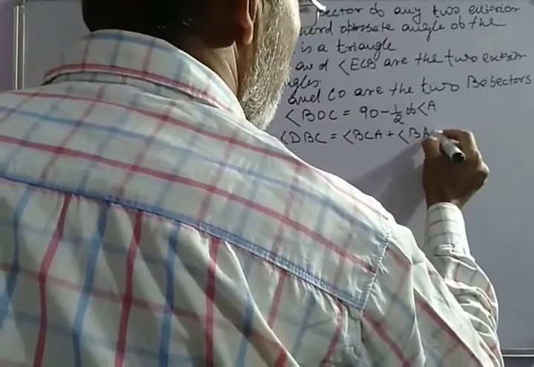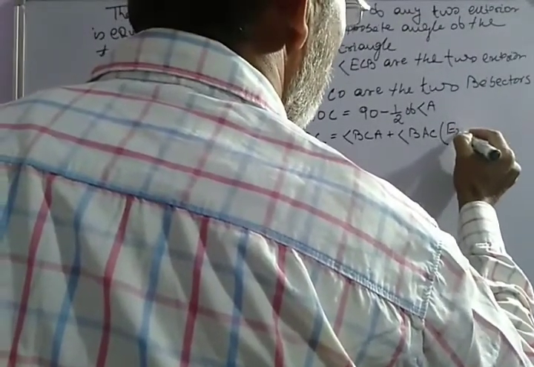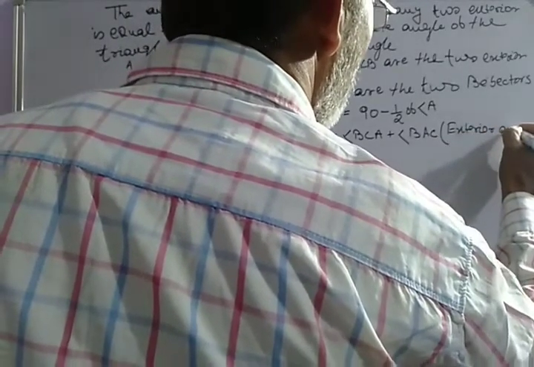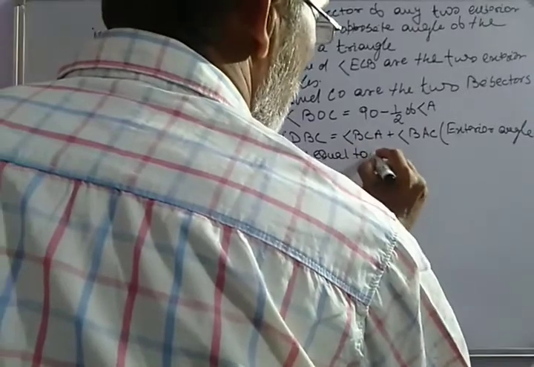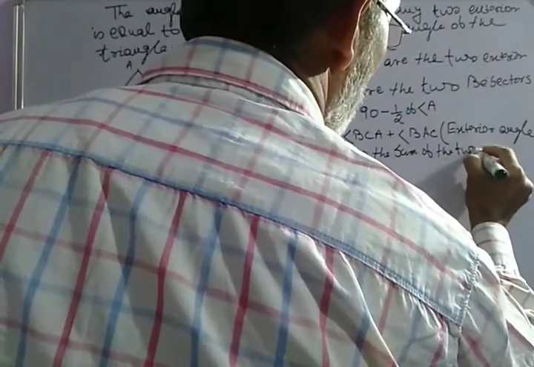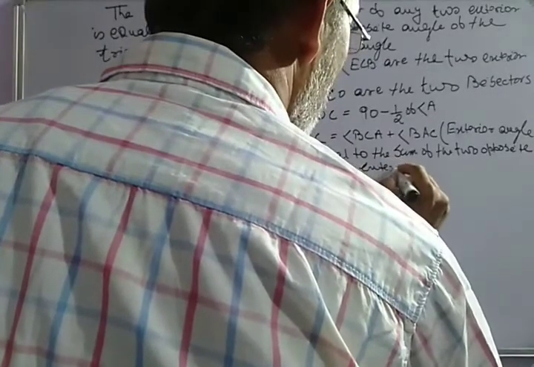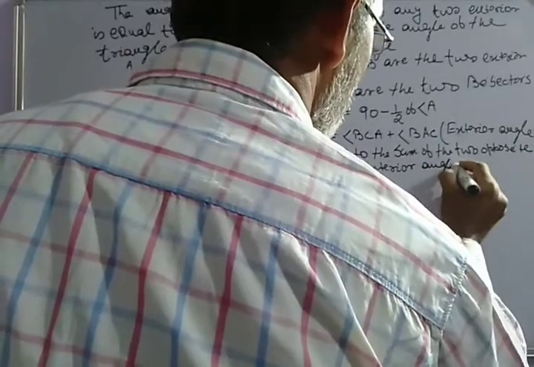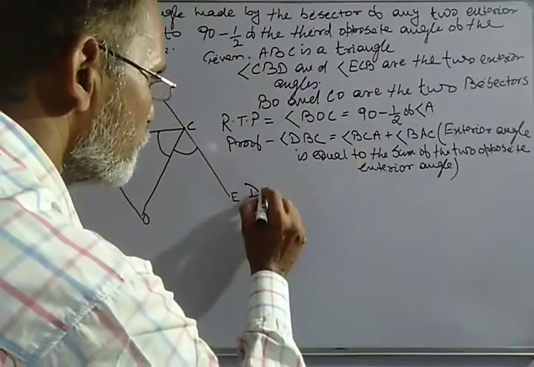This is because the exterior angle is equal to the sum of the two opposite interior angles. So DBC is equal to BCA plus BAC.